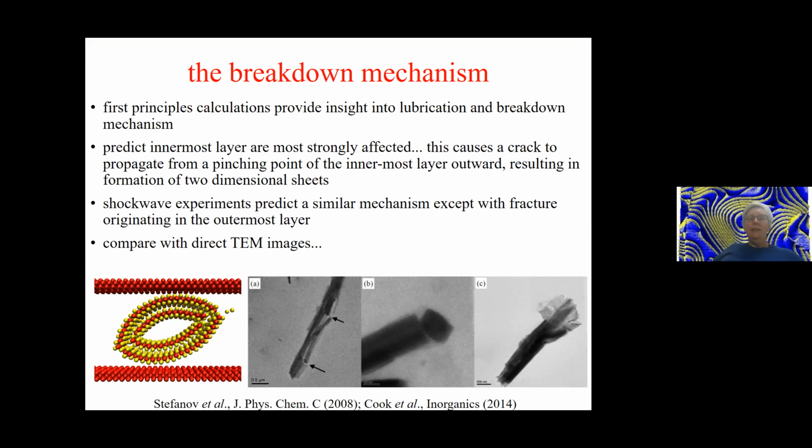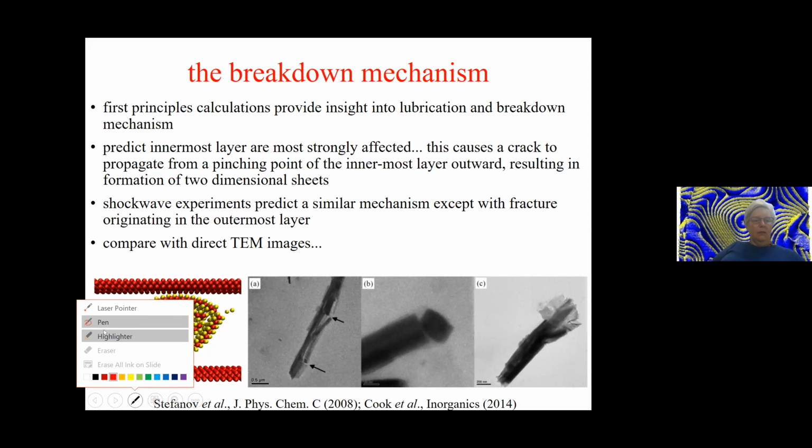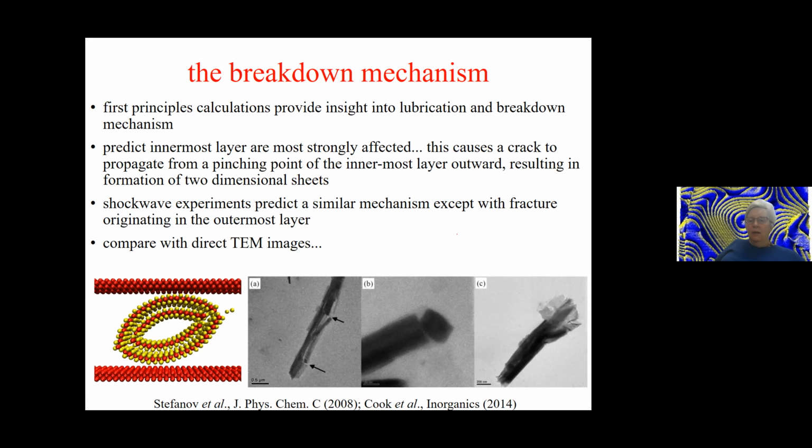And in fact, you really can see that it's fracturing from the outside in. And you can even start to find evidence of sheet formation. Right here, you can see a few layers forming. And right here, you can see breakage from the outside in.